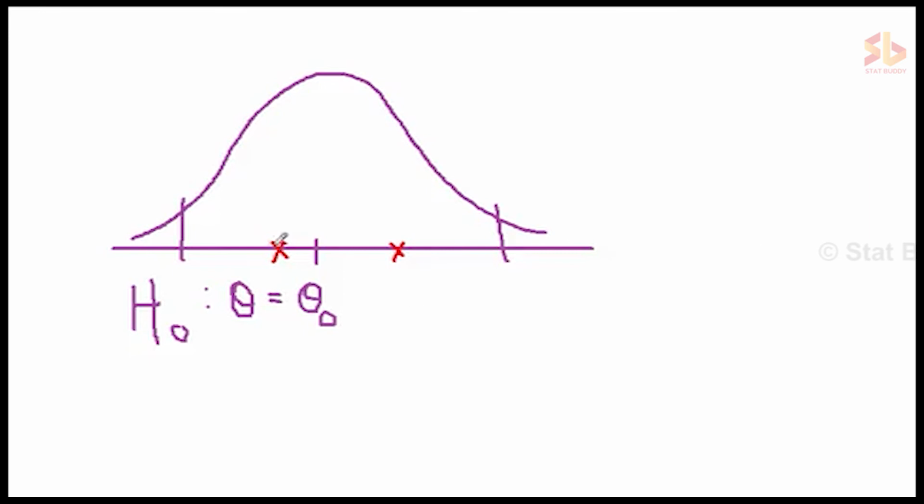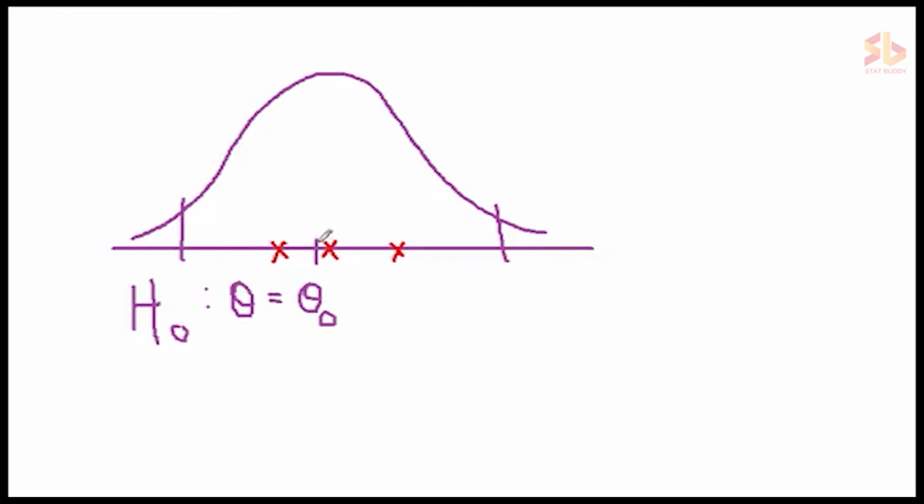This value is given from one sample and this value is given from another sample. But still, if we increase the sample size, we can have a value closer to theta naught.